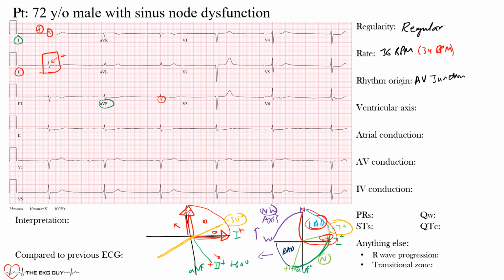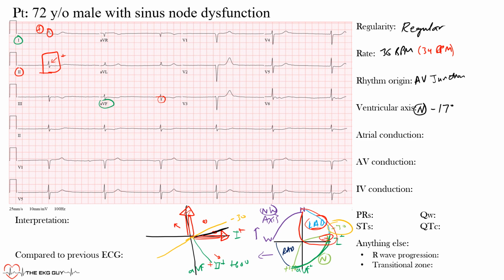So because it's mostly positive, we're in this region here, which means we have a normal ventricular axis. So this is a normal ventricular axis, and the machine actually gave us negative 17 degrees. So where does negative 17 degrees sit? Well, if we erase this here, here's that negative 30 degrees.